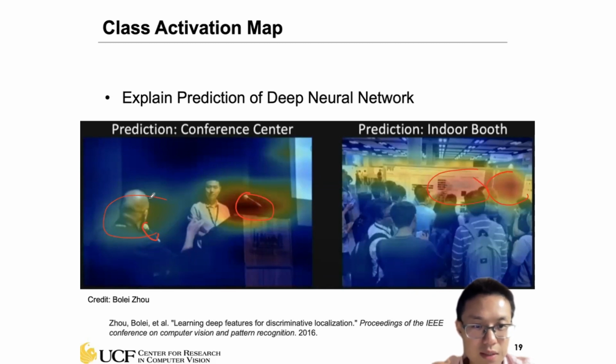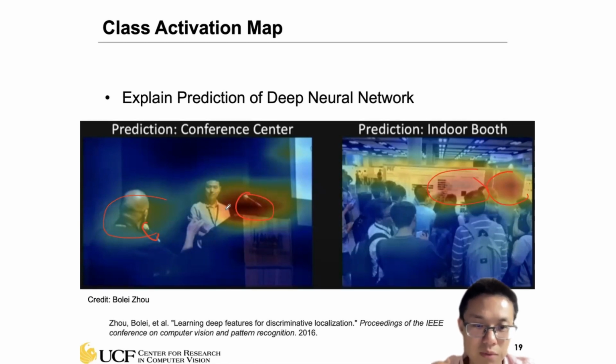So we can see that this is a very good explanation. The heat map shows that for the network to predict a conference center, it focuses on these particular regions, the red highlighted regions.